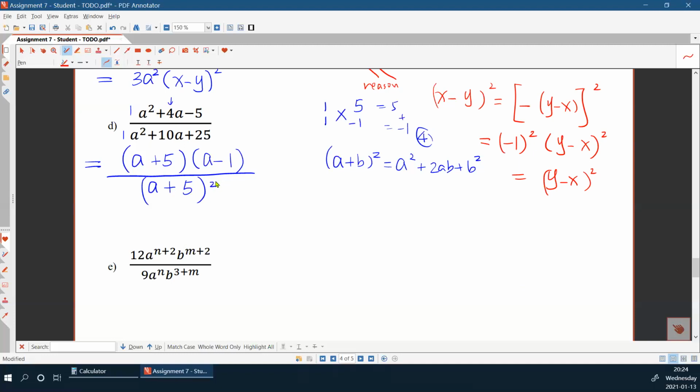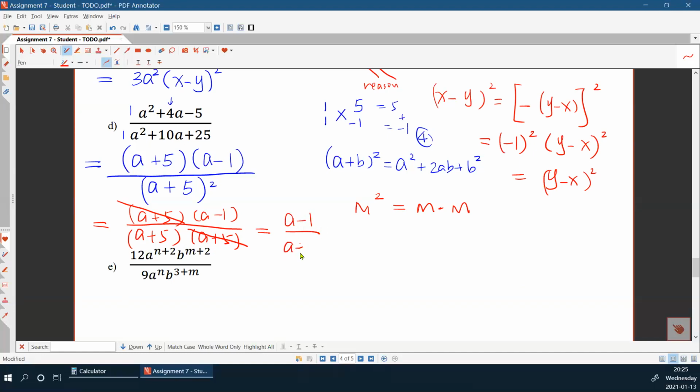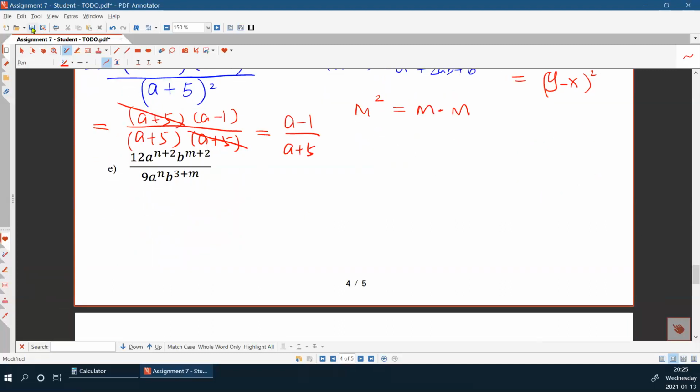Actually, (a plus 5) to the second power means (a plus 5) times (a plus 5), right? Because something to the second power is something times the same thing. So now we can cancel a plus 5, which gives us (a minus 1) over (a plus 5), right? Any questions?